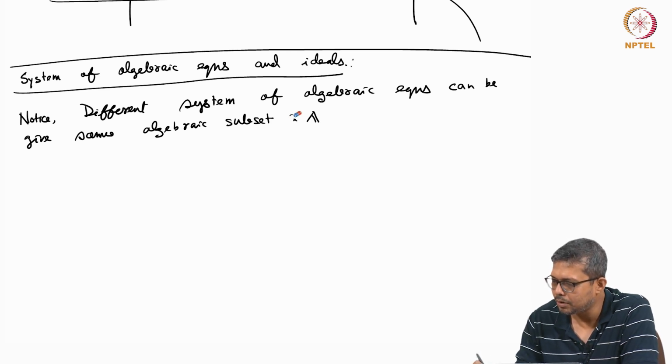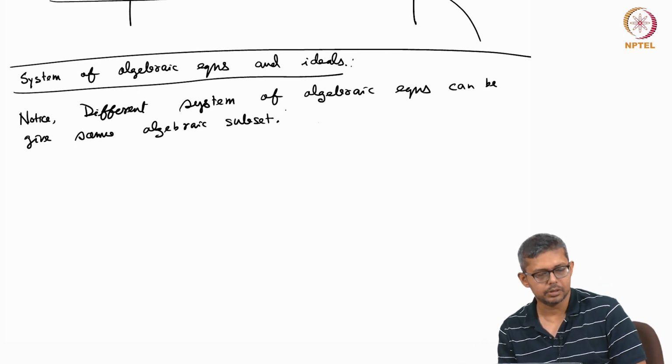Sometimes I will not write "algebraic subset"; it means they are subsets in some A^n(K).